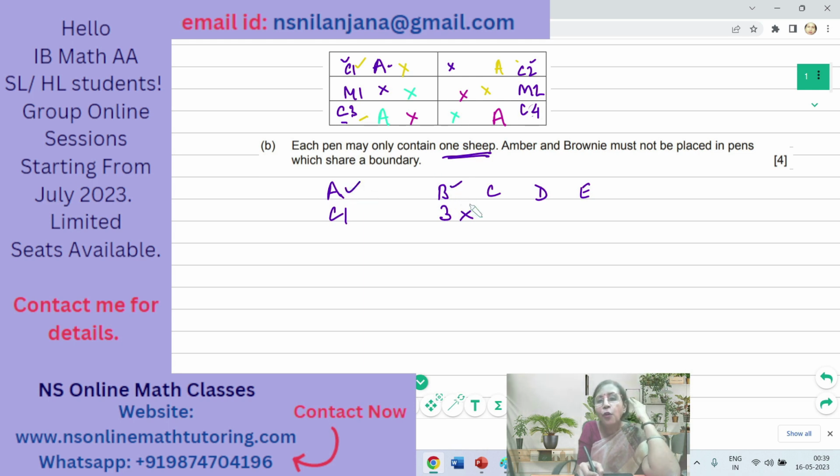So only 4 pens are remaining. So Curly is having 4 options. Daisy, only 3 options. And Eden, only 2 options. Okay? So what is this? This is 3 times 3 is 9 and 4 times 2 is 8. So 9 times 8 is 72.